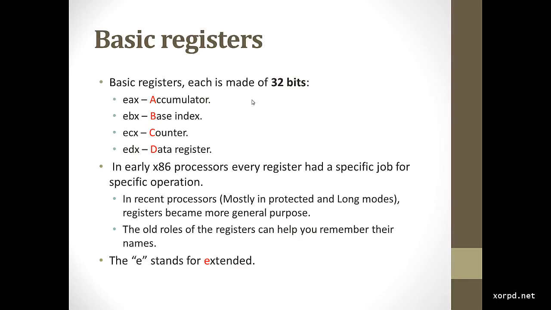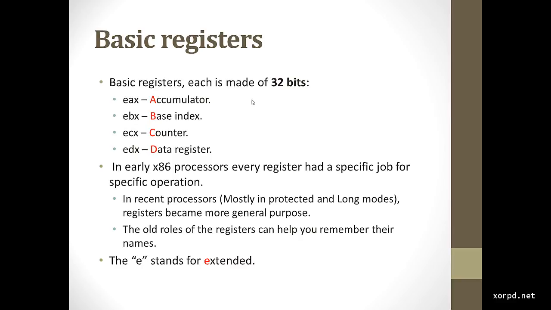In early x86 processors, every register had a specific job for a specific operation. In recent processors, mostly in protected and long modes, registers became more general purpose. The old roles of the registers can help you remember their names.